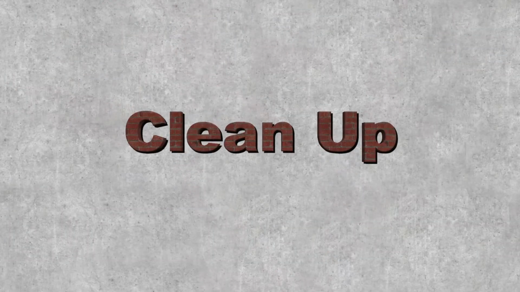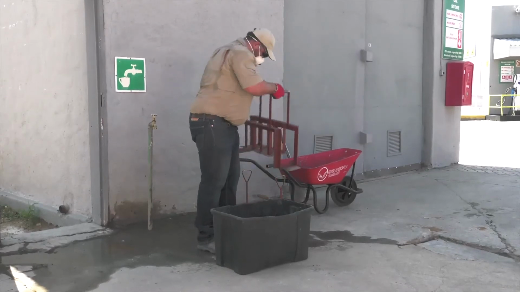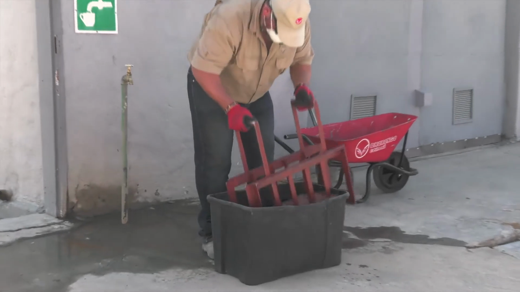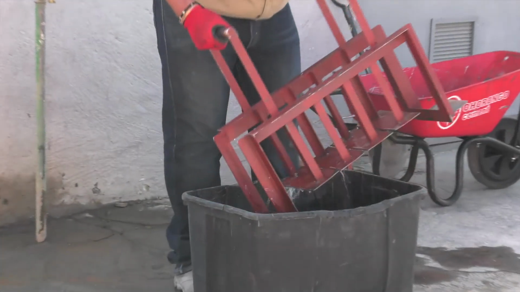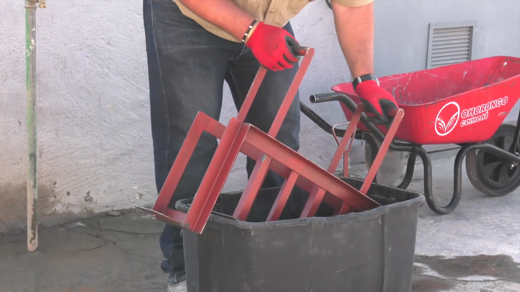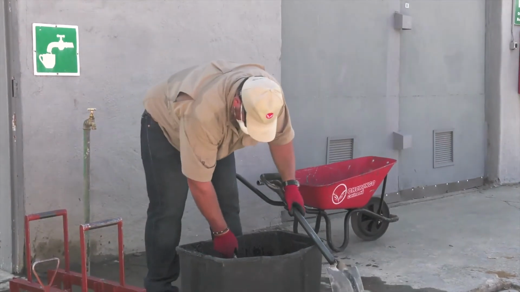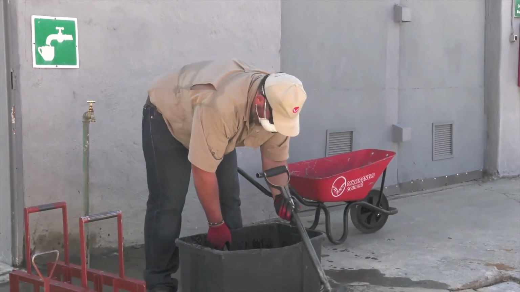Clean up. Once you have completed the molding of the bricks, make sure that your mold is washed properly in the plastic container filled with water to dispose of any signs of concrete mixture. Also, wash all your other tools to get rid of any signs of the concrete mixture.